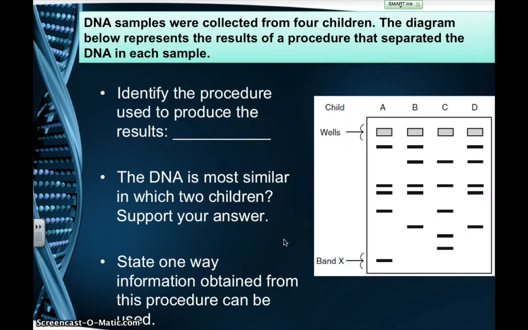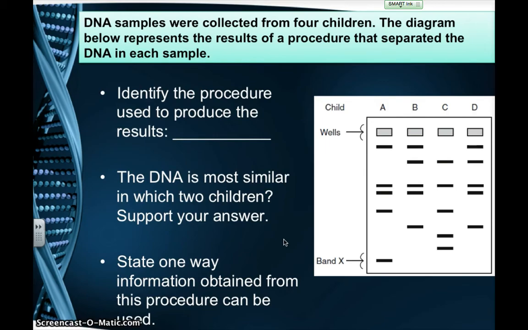So let's check our understanding. DNA samples were collected from 4 children. The diagram below represents the results of a procedure that separated the DNA in each sample. The first bullet, identify the procedure used to produce the results. Can you remember what this process is called? If you're having trouble, look back at the name of the aim. That's the name of the process. Bullet number 2.